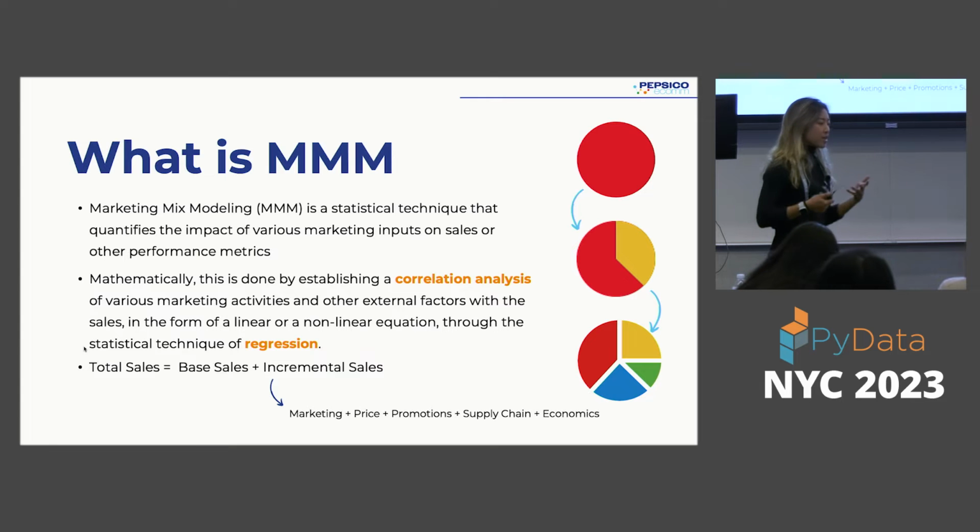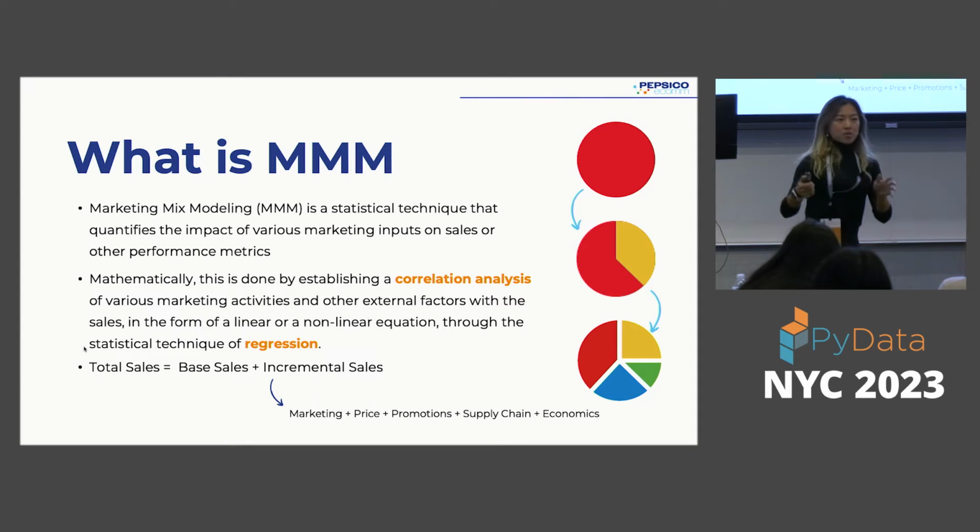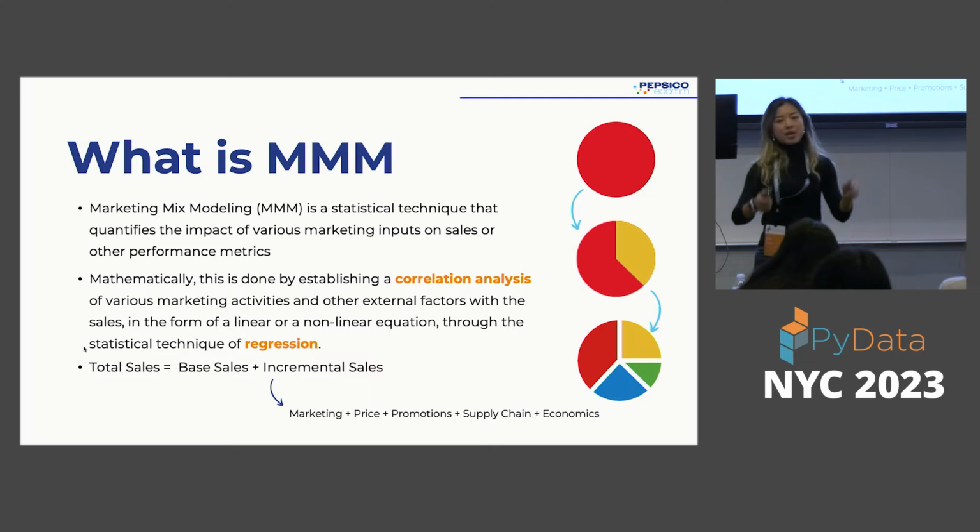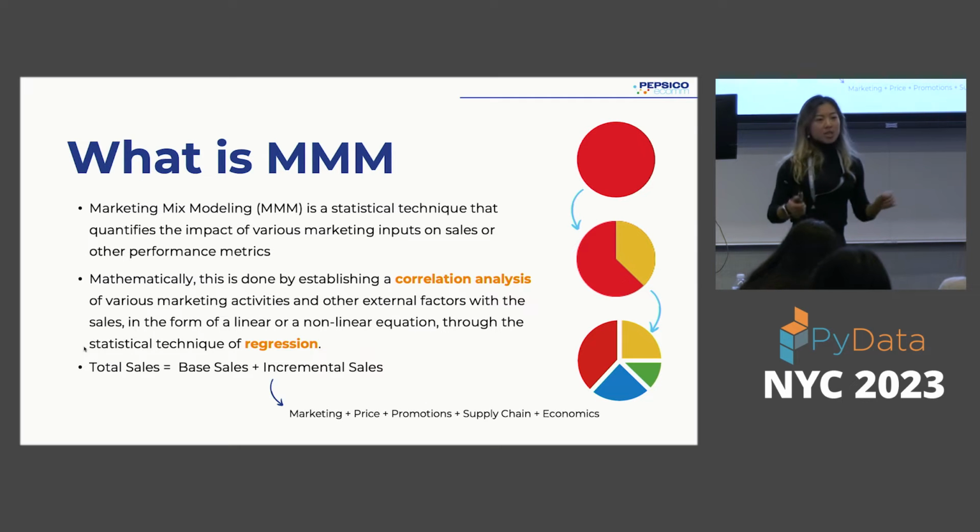So if we put it in a mathematical way, it's basically setting up a correlation analysis between your sales, your target variable, and your marketing variables, your impressions, your spending, and other control variables you want to consider. Let's say seasonality, weather, promotions, supply chains, macroeconomics, etc.